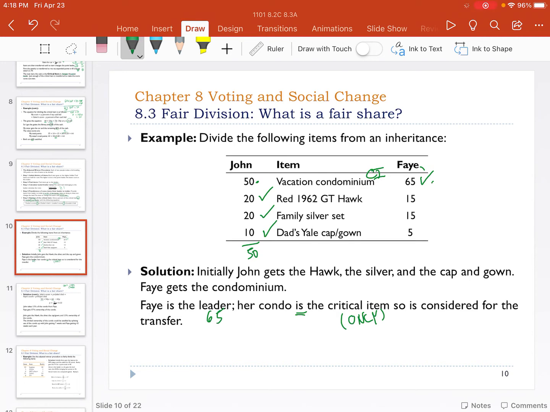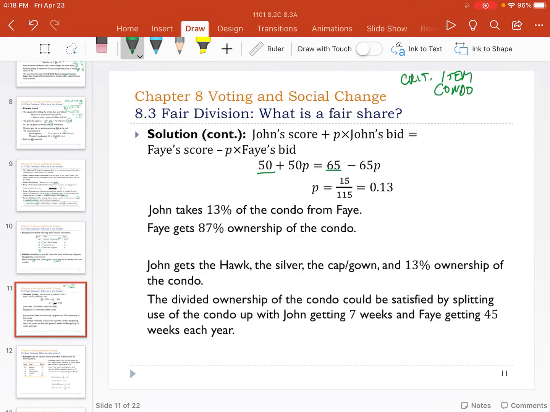I'll just say CI, although it looks like confidence interval, how they've weighted it. John didn't put as much weight as Faye did. So when John gains something, he doesn't gain quite as many points, and Faye loses even more points. So notice the big minus sign on Faye's loss of part of the condo, and the slightly less heavy 50 on John's gain of his part of the condo.